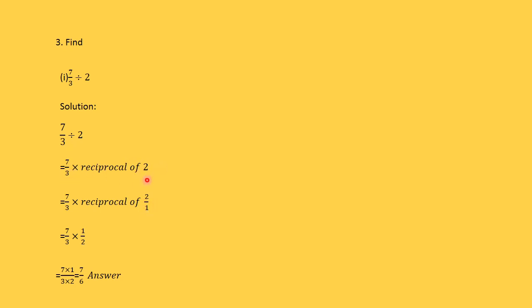So the reciprocal of 2 is the same as the reciprocal of 2 upon 1. Just reverse numerator and denominator. It is 1 upon 2. Then numerator into numerator, denominator into denominator. 7 into 1 upon 3 into 2. 7 by 6. Okay?